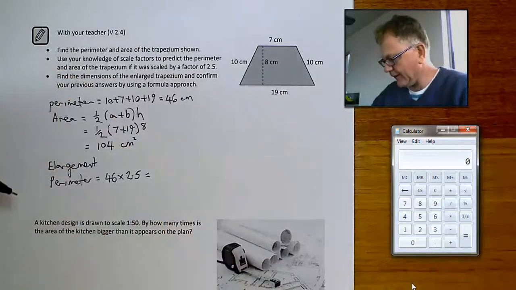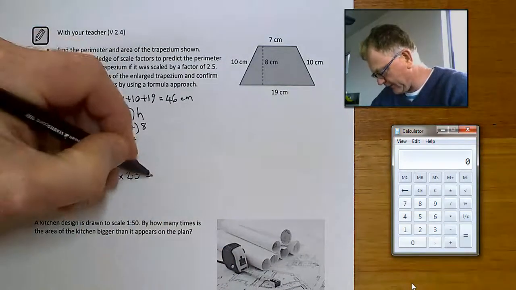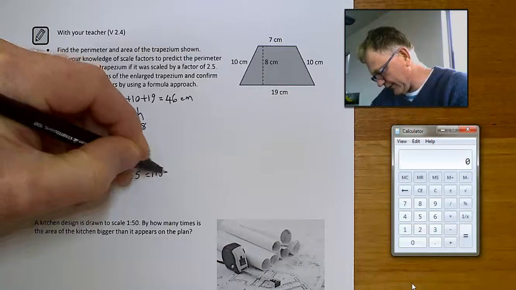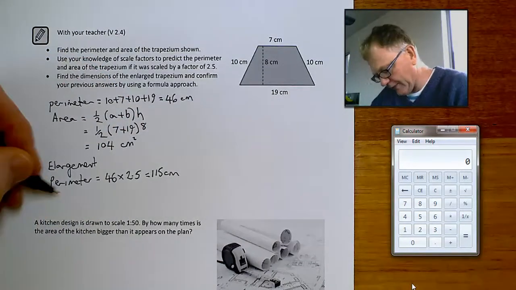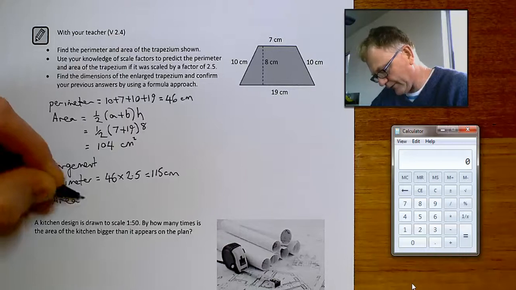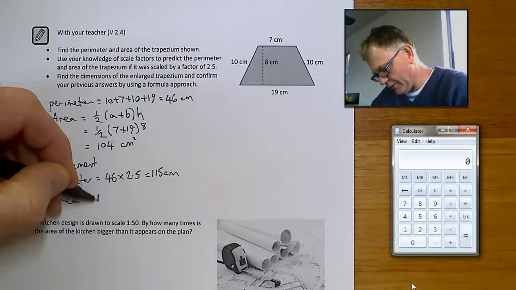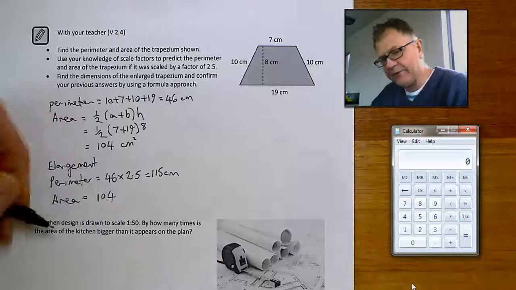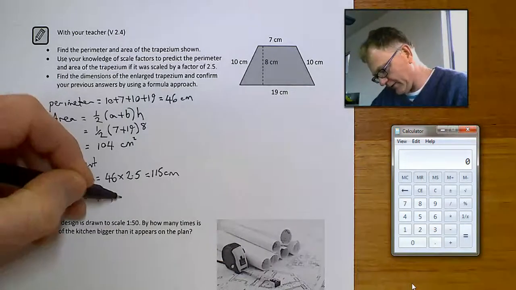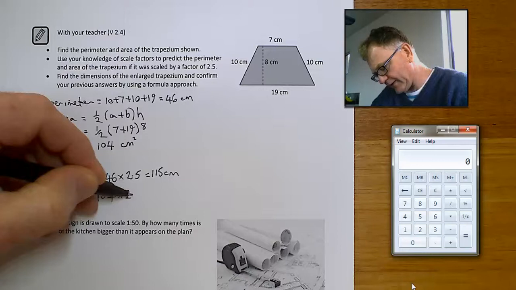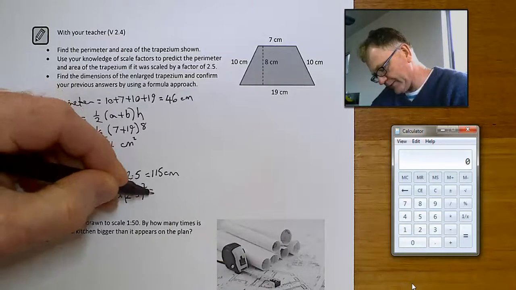You can check my calculations if you like. I get 115 centimetres by getting the old perimeter and multiplying by 2.5, but the area is quite different. The old area was 104, but this time, because it's an area, we increase it by the scale factor of 2.5 squared.